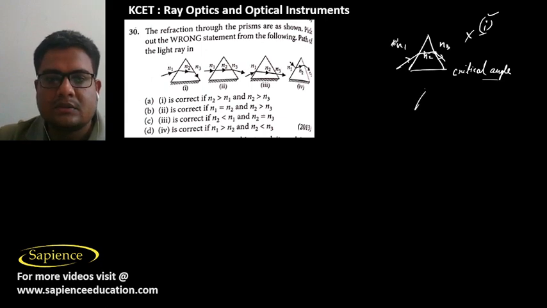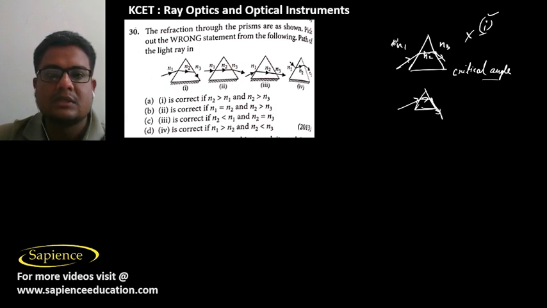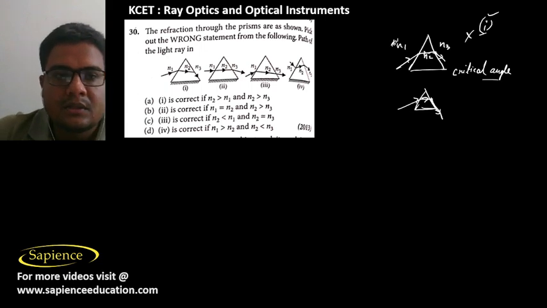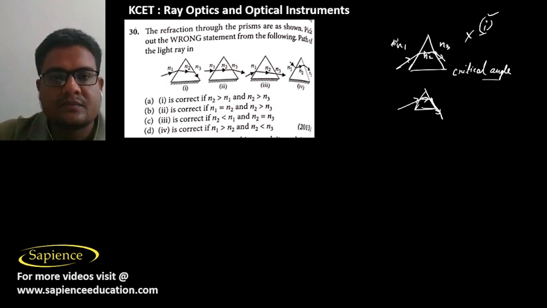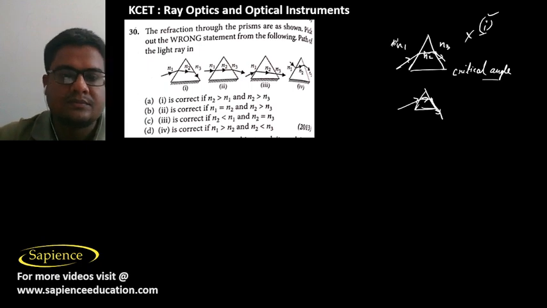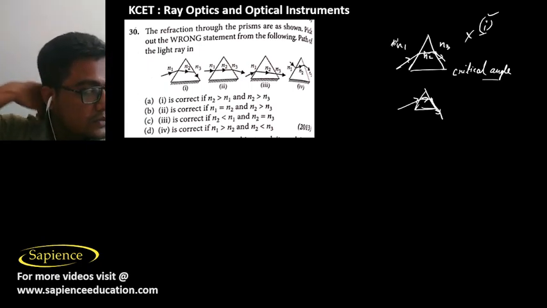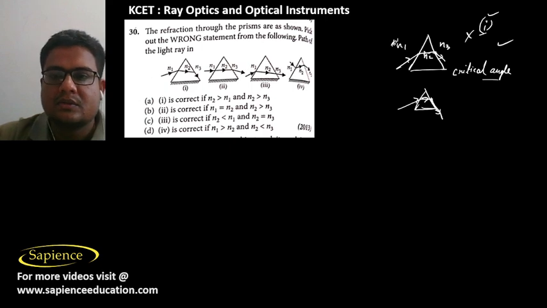Then only this thing will happen, that is, the angle of refraction is 90 degrees. And the second option is correct if n1 is equal to n2 and n2 is greater than n3. So first one can happen in some special cases.